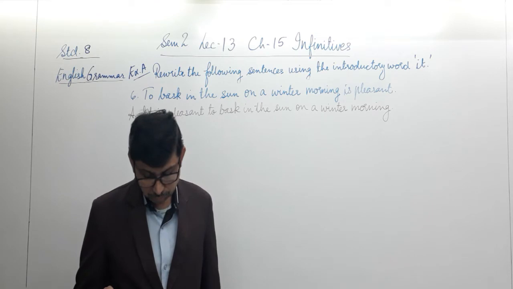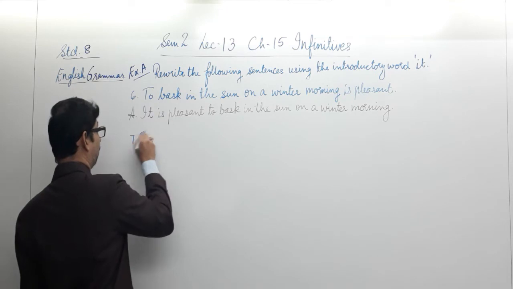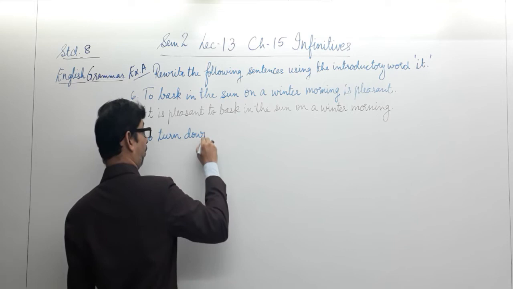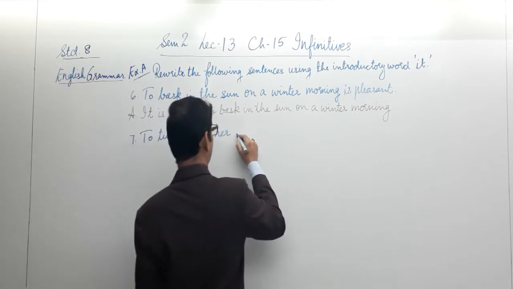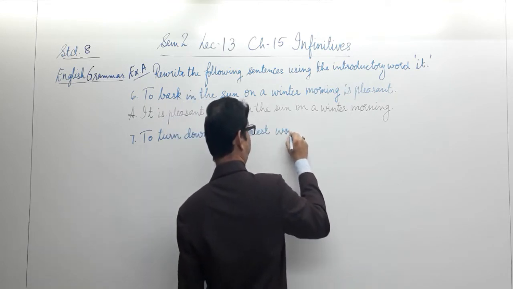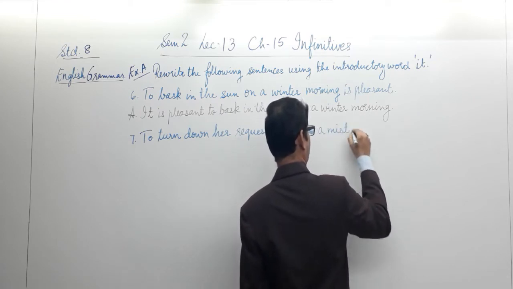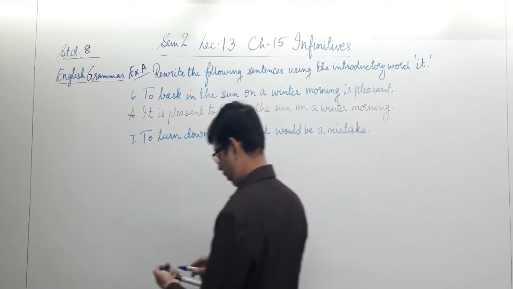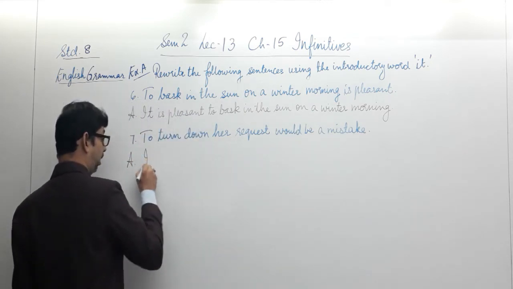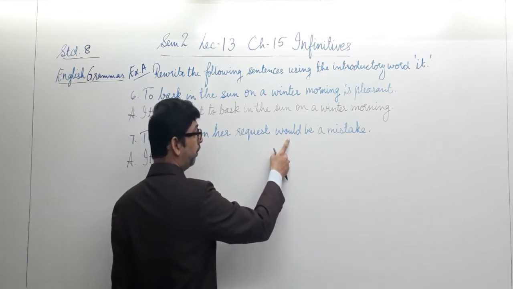Number 7, to turn down her request would be a mistake. For the answer, using the introductory it, then you taking the verb over here, past tense of will, would is given to us.